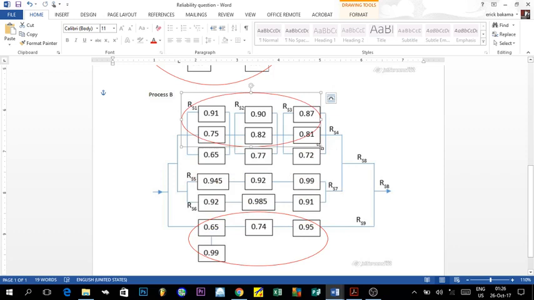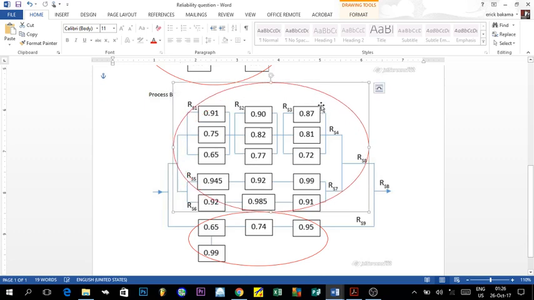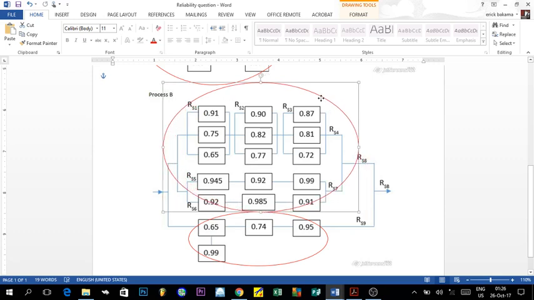Errors 8, based on our map here, is all this thing. Errors 8 is on top, and errors 9 is down here.